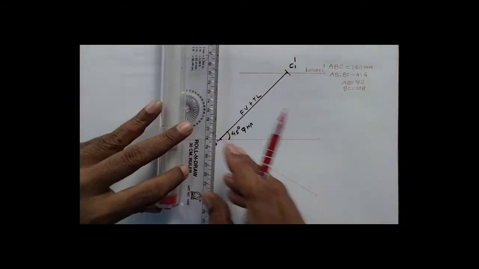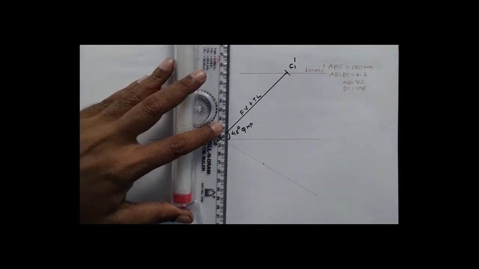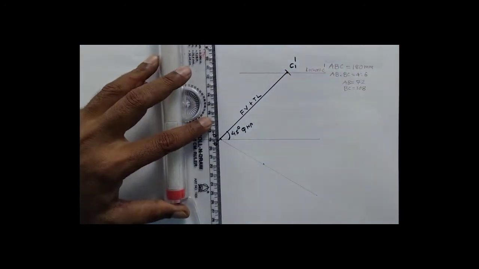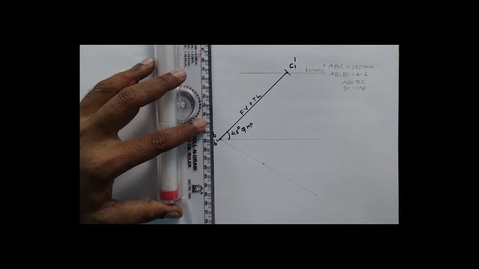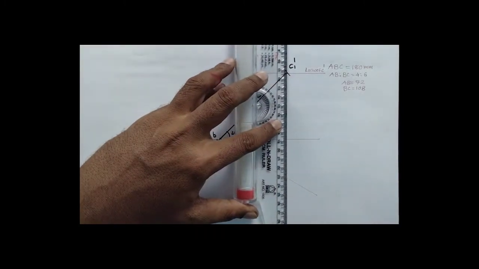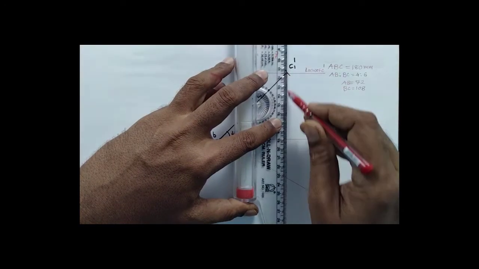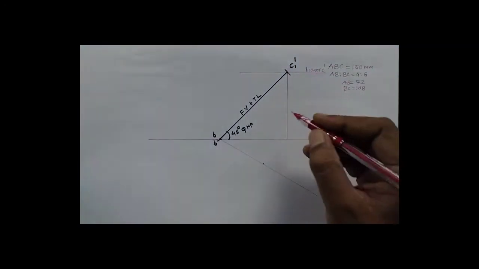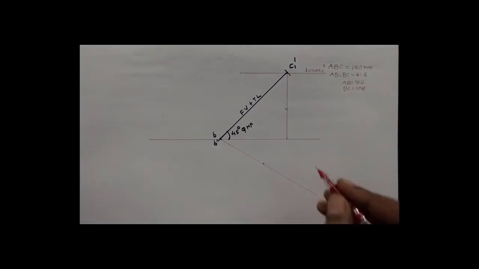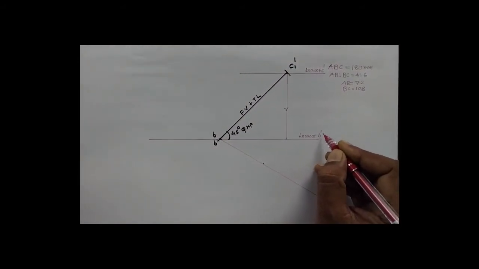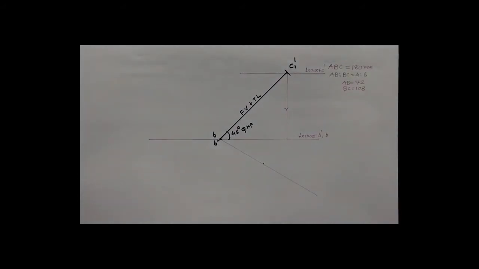So we create the projection in the downward direction from C1, on the locus of B dash and B, because the locus of B dash and locus of B is common.